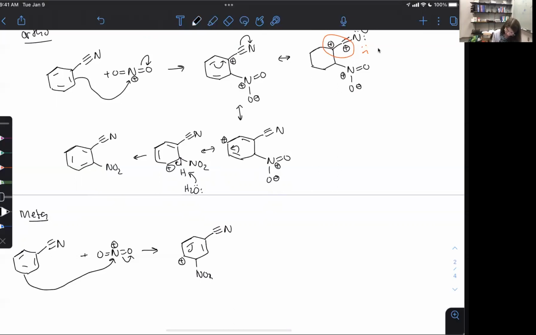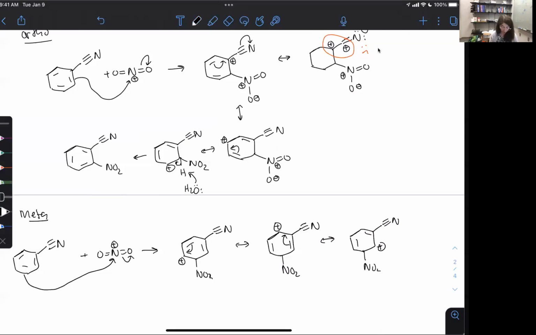Let's go ahead and do our resonance. Okay, so we have that one. We skip over, use the other pi bond. Positive charge, nitro group, and we've pretty much hit the end.